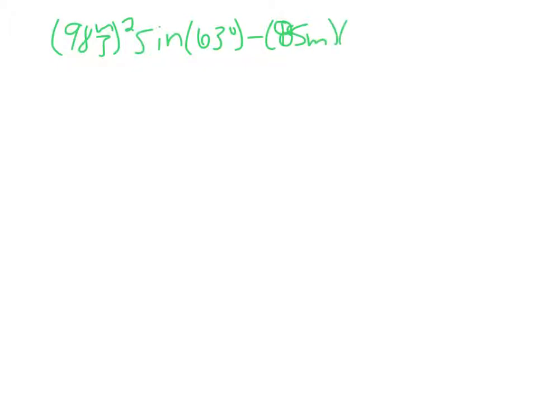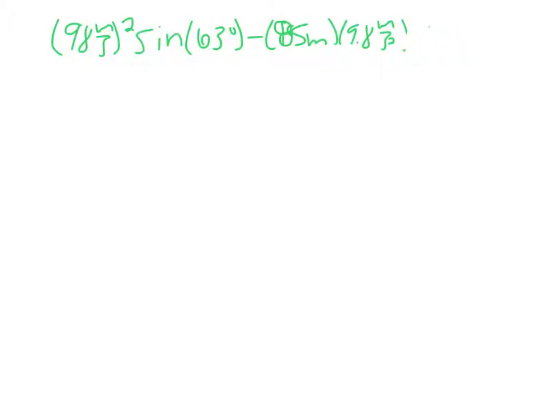So it tells us that the speed is 98 meters per second, squared. Sine of theta, so 63 degrees, minus Rg, so 85 meters times 9.8 meters per second squared, sine of phi. Phi was 27 degrees. Oops, this is not sine, sorry.